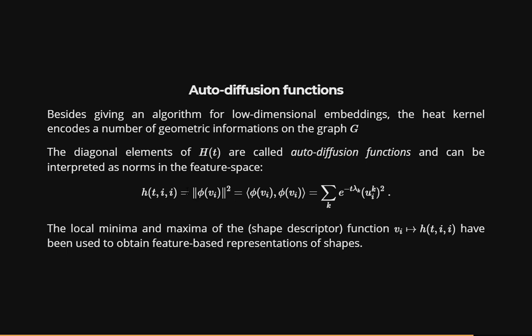And they are important in shape reconstruction, shape matching, and so on, because of the local minima and maxima of the function that maps v_i to H_t(i,i) for a given t. So you fix t and you look at the spatial maxima and minima of this function. These are called shape descriptor functions and are used to obtain feature-based representation of shapes.